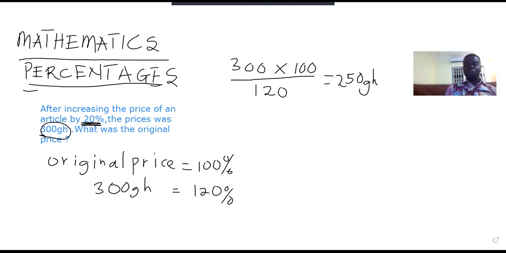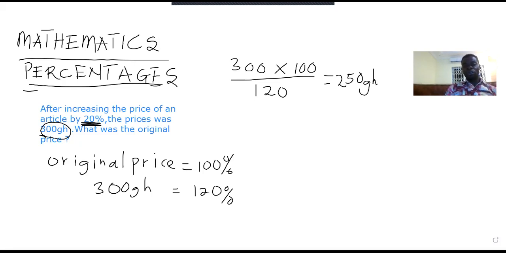Take note of that. When comparing 100% to 120%, 100% will give us less. So if less, more divides. So that's why we have 300 times 100 divided by 120. And when you do your manipulations very well, that'll give you 250 GH.